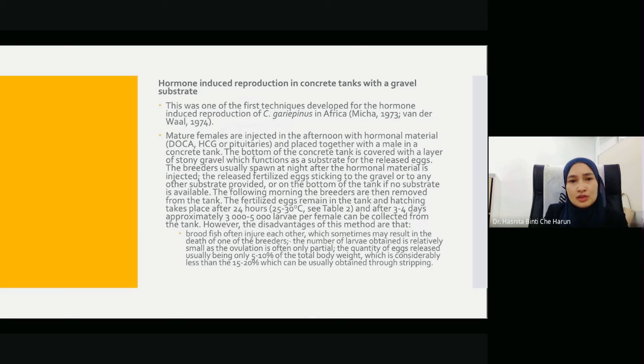Similarly, the breeders usually spawn at night after the hormonal material is injected in the afternoon, and the released fertilized eggs will stick to the gravel or to any substrate that was provided. If they did not add any substrate, the eggs will settle at the bottom of the tank.